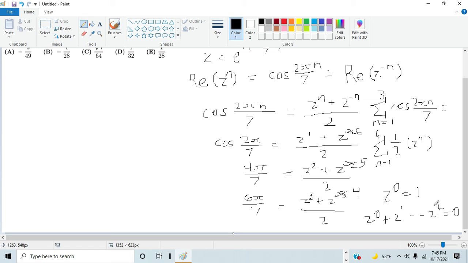Because with z to the 0, which is 1, it would be equal to 0. So without z to the 0, it would just be minus 1. So the summation tells us that cos of 2 pi by 7 plus cos of 4 pi by 7 plus cos of 6 pi by 7 is equal to minus 1/2. I wrote it here in sigma notation using the complex numbers, and I can write it once again here, just for everyone to see.